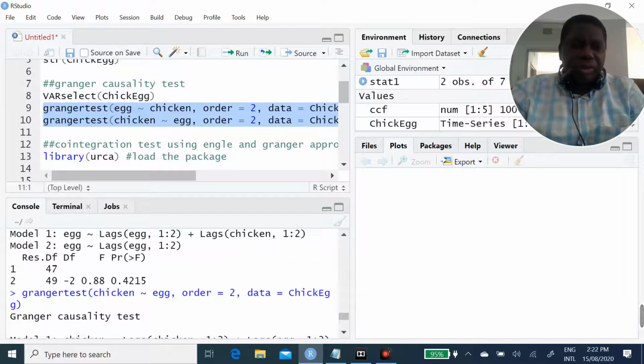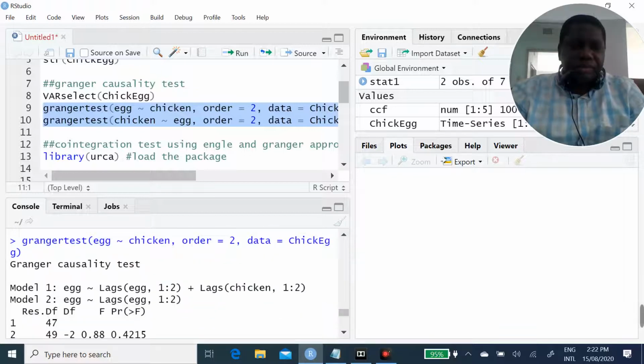So if you look at the first one, you can see that the F statistic is not significant. So in that wise, we conclude that chicken does not Granger cause egg.